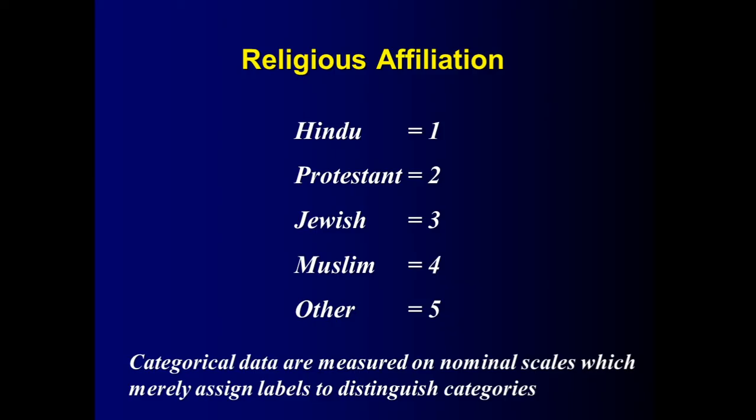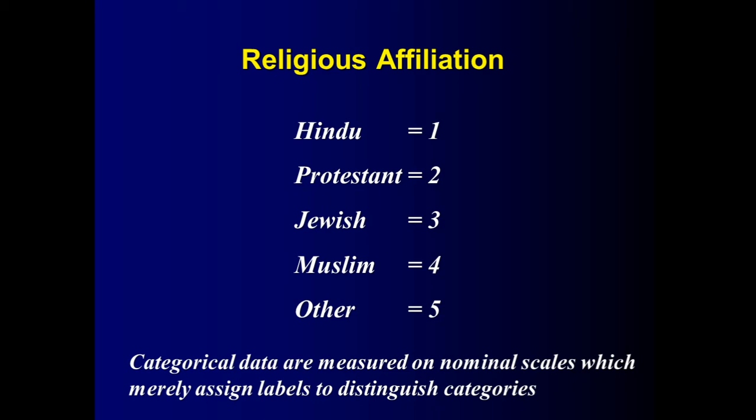Take this another example, religion. So you have Hindu, Protestants. This is an international example. So Hindu, Protestants, Jewish, Muslim, and others. Because Hinduism is the second largest religion in the world, followed by Islam and then Christianity.